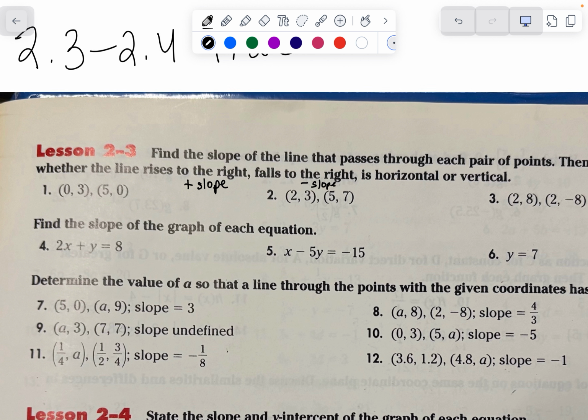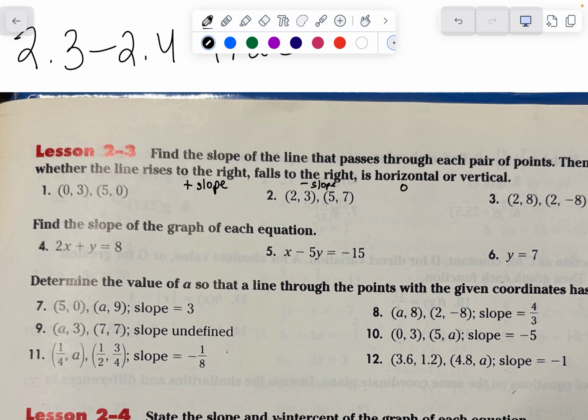Vertical has some number over 0. Remember that's undefined. Okay? So as you do 1, 2, and 3, do the slope calculation, and then just say, you can say positive slope, negative slope, rise, fall, vertical, horizontal, 0, undefined, anything like that. Just tell me what this tells you about the line.